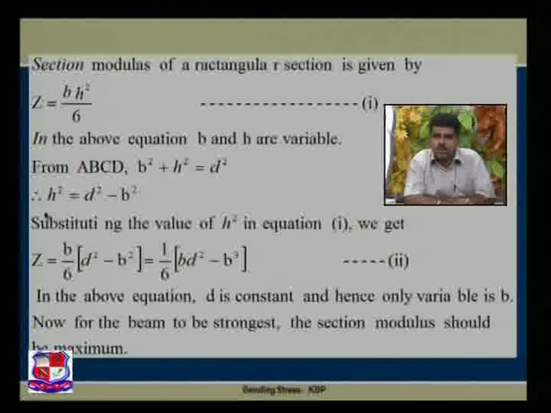Hence H square is equal to d square minus B square, and if we replace the term over here, Z is equal to B by 6 bracket d square minus B square.